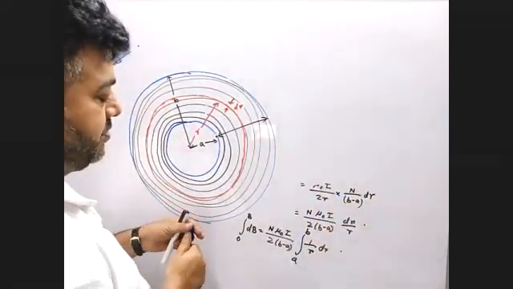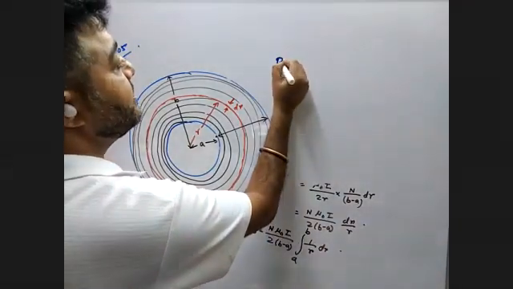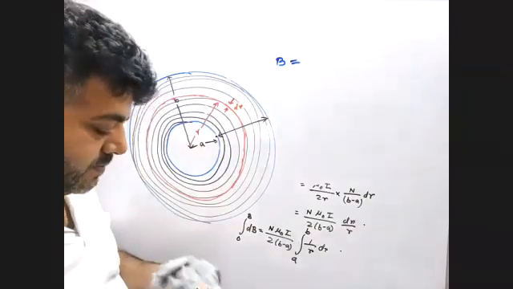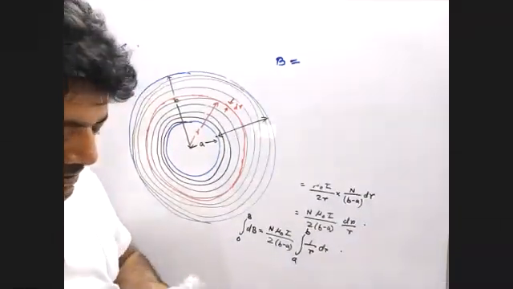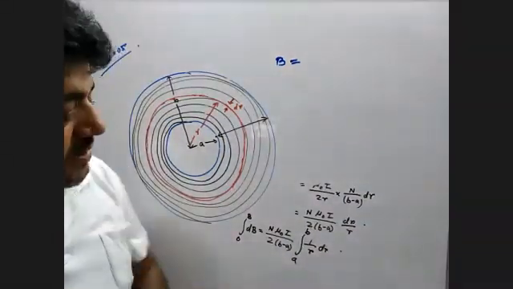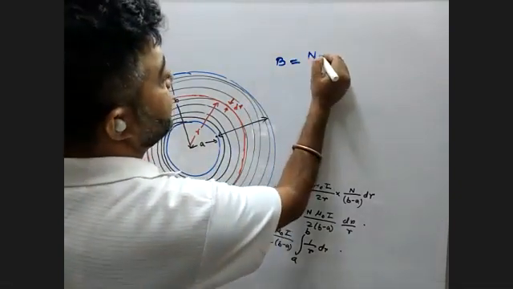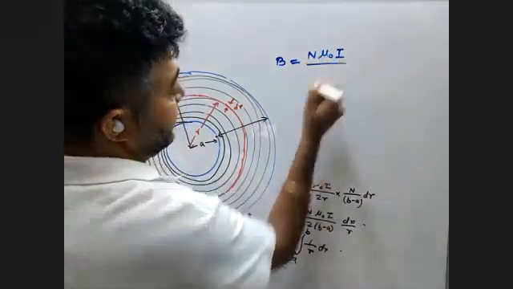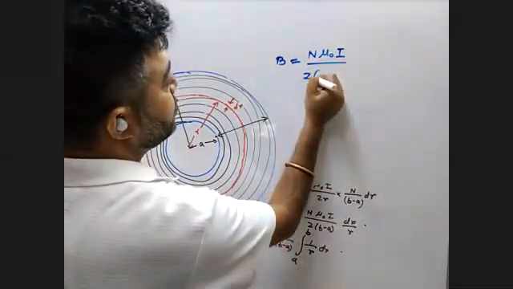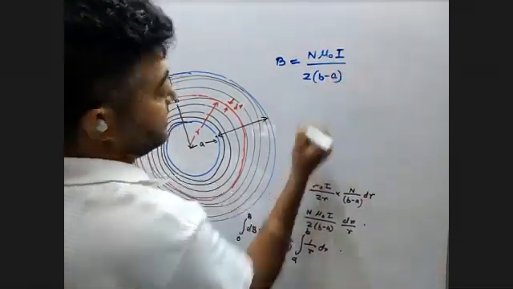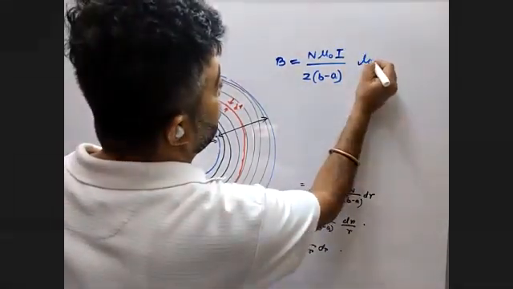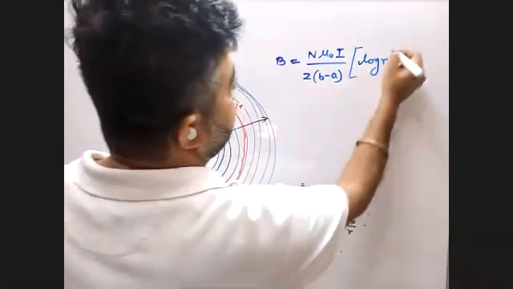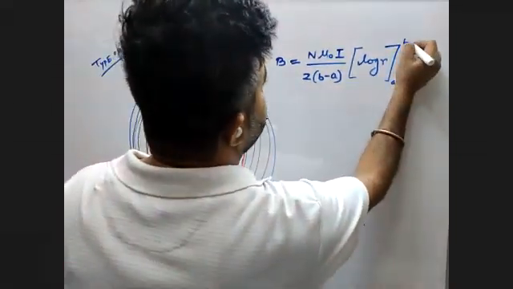So the integration of this one: B is equal to n mu naught I by 2 into b minus a, and the integration of 1 by r dr is log r from a to b.